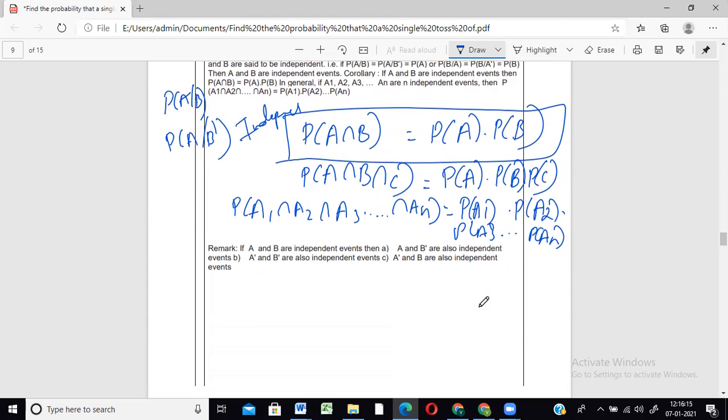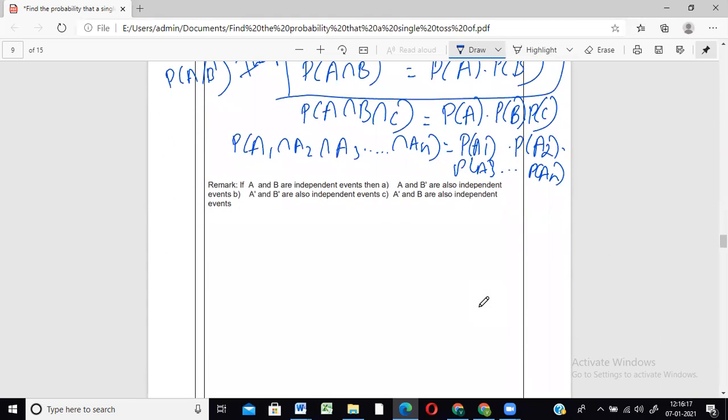Let us go to some remarks which you may have to use in word problems. If A and B are independent events, then the first thing is A and B dash are also independent events.